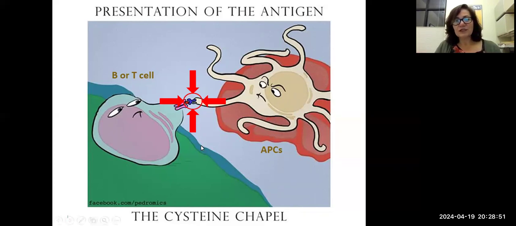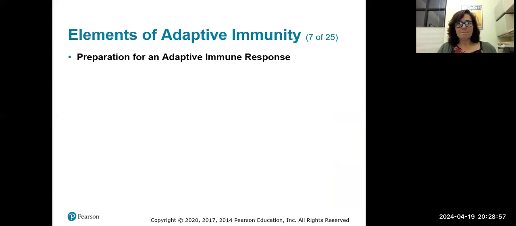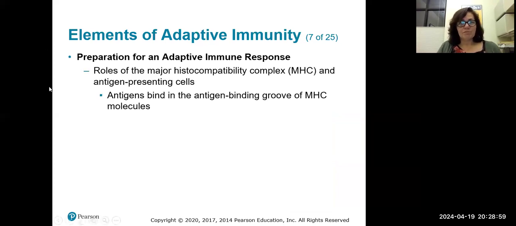And they have to be shown stuff on the major histocompatibility proteins. The antigens get sat upon these platforms to present it to the cops, to the T cells and the B cells.